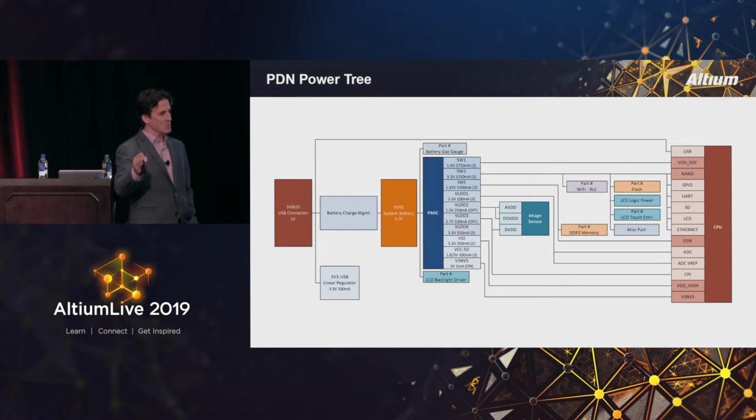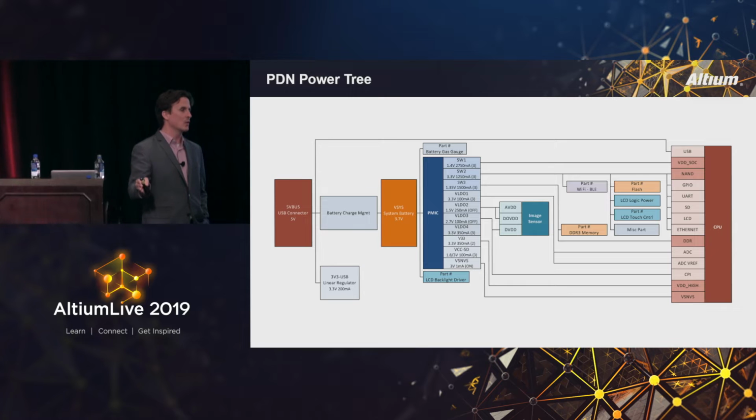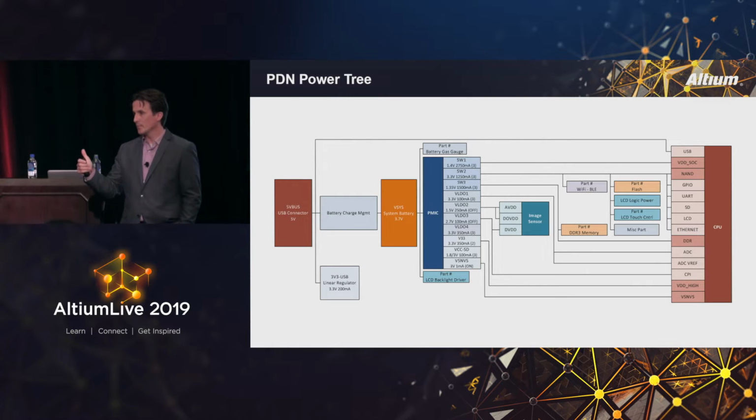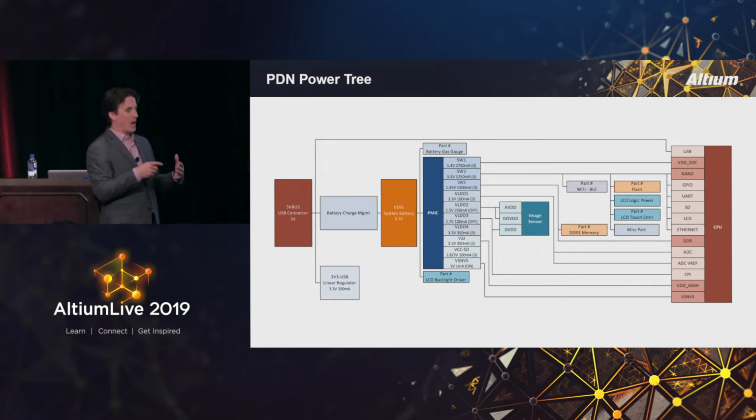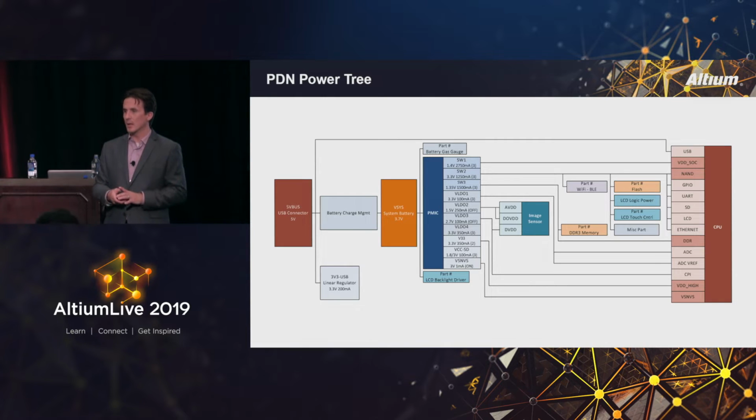What that means is when I step down to a lower voltage, my current is going up. And so what I try to do is locate my power conversion devices close to the devices that they're supplying.